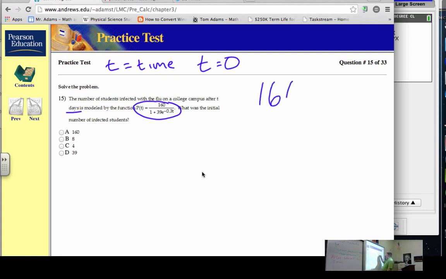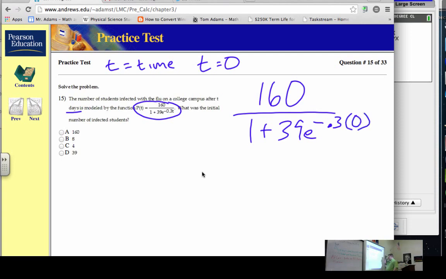So if I looked at this and I had 160 over 1 plus 39 times e raised to the negative 0.3 times 0, because we're looking when it equals 0, what does all this mean? Well, what is this right here? E to the negative 0.3 times 0.